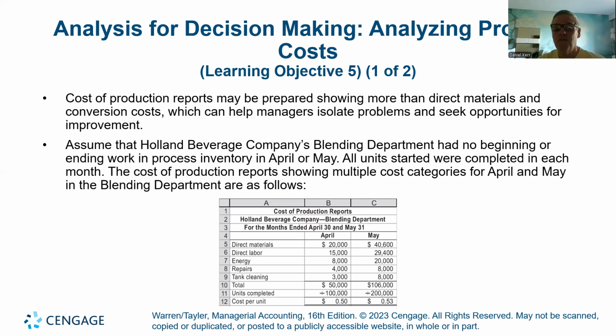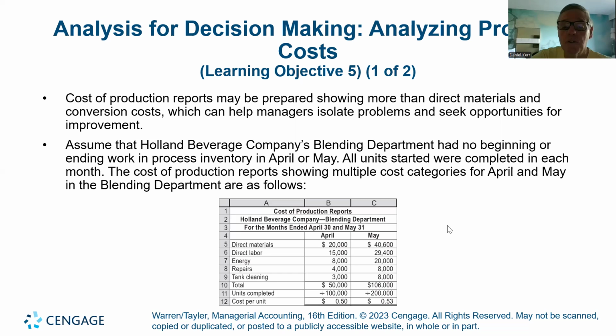So let's avoid jumping to conclusions here that the total production cost actually more than doubled, because look at the number of units. The number of units completed in April was 100,000 and the number of units completed in May was 200,000. So we produced twice as many units.